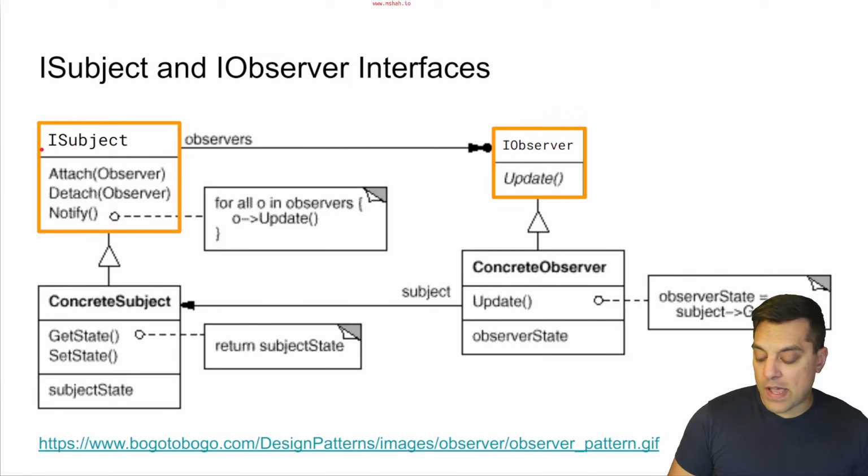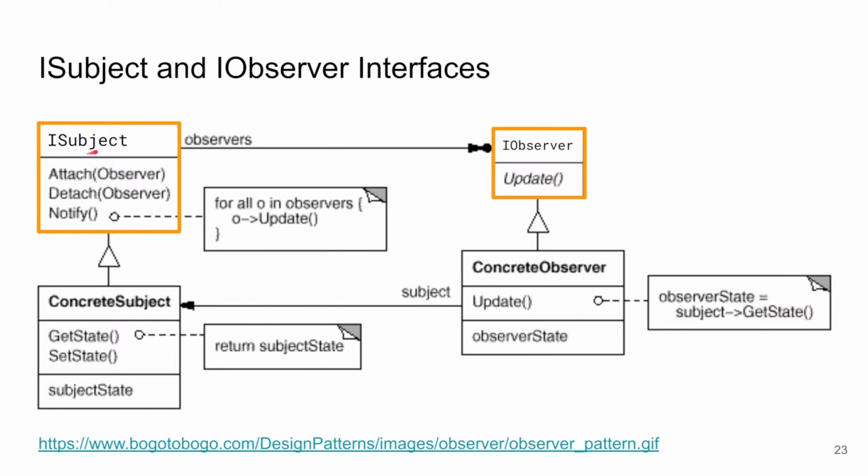Let me move away and highlight some of the important things in this figure. The ISubject is pretty much going to be exactly what we had before. We'll be able to attach or add, detach or remove observers, and then we'll have some notify function. In this case, I've just called it notify all, which iterates through all the observers that we added. So that's our base class.